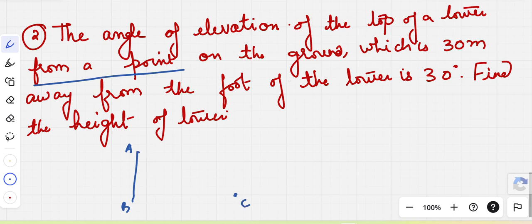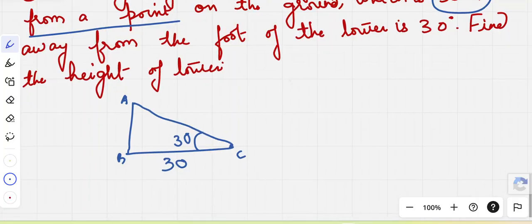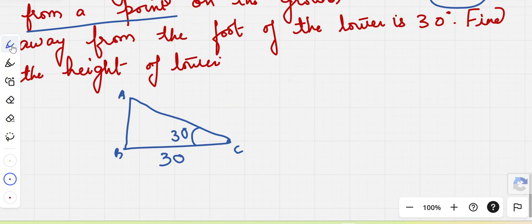And angle of elevation means you will have to make like this. Which is 30 meter away from the tower is 30 degree. So BC is 30 meter and this is 30 degree. Can you quickly find the height of the tower, please? Do it fast.